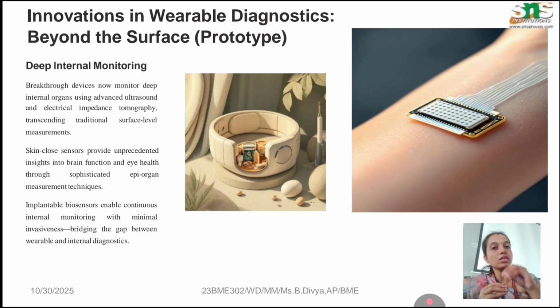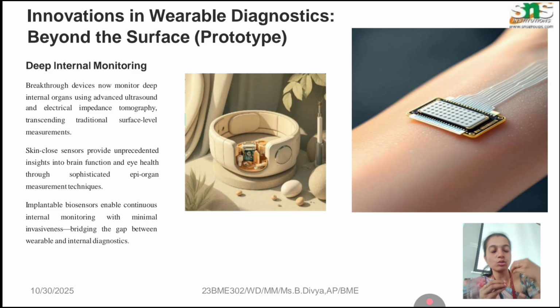Deep internal organs can also be monitored by using these wearable devices, using advanced ultrasound and electrical impedance tomography, transcending traditional surface-level measurement.